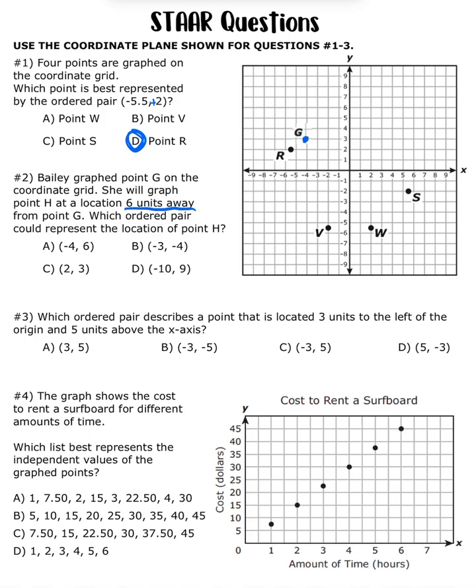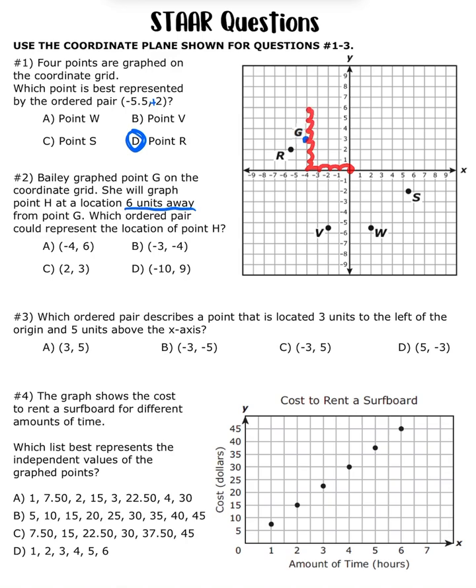So the easiest way to do that is we are going to graph A, B, C, D and see how far away those are. So let's look at A, -4, +6. Let's start at the origin. I'm going to walk to -4, 1, 2, 3, 4. And then I'm going to go up 6, 1, 2, 3, 4, 5, 6.